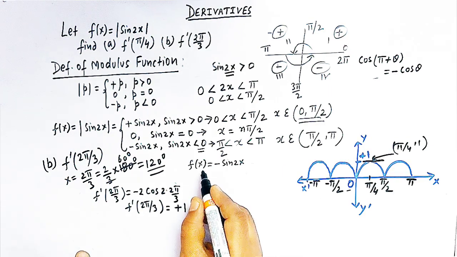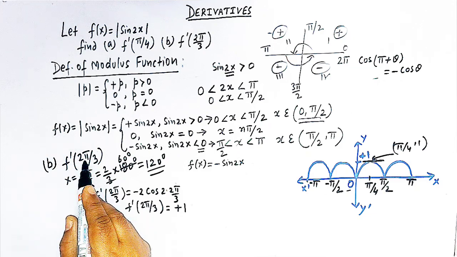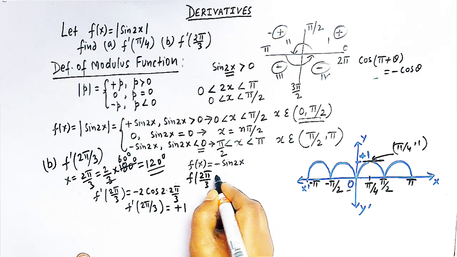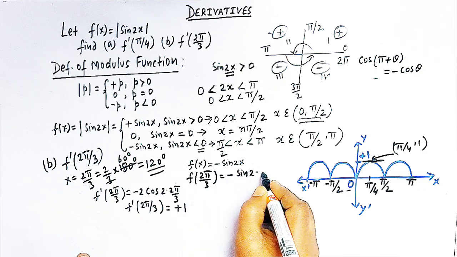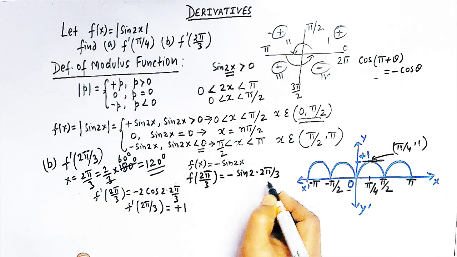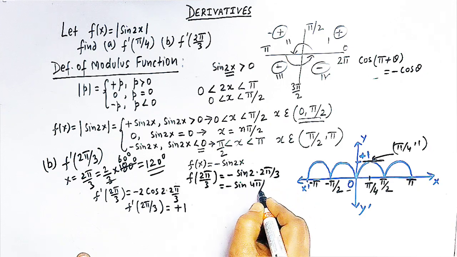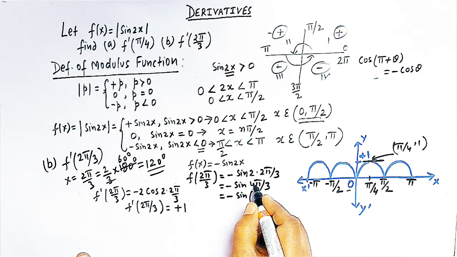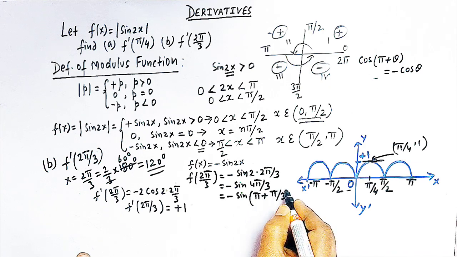So now let us find out the value of the function at this point, right? So f of 2 pi by 3 is equal to minus sine of 2 times 2 pi by 3. So we have minus sine 4 pi by 3, and 4 pi by 3 can be written as pi plus pi by 3.